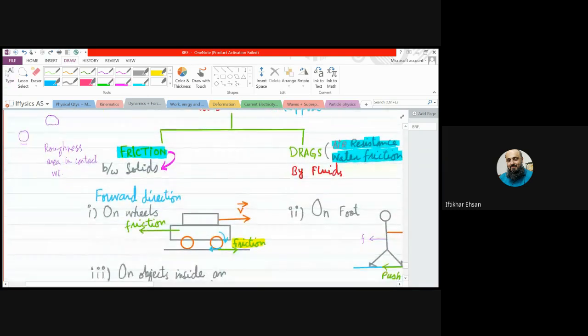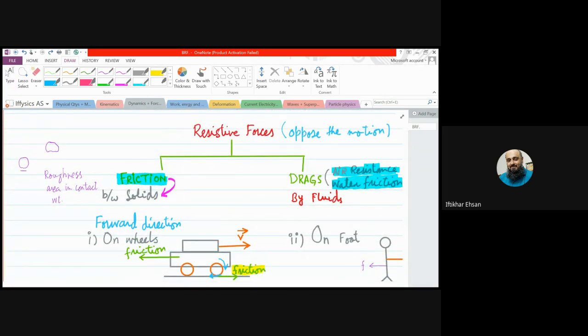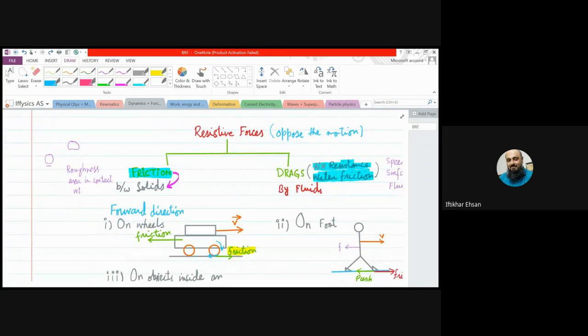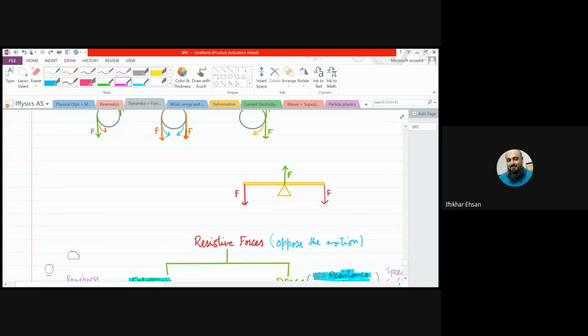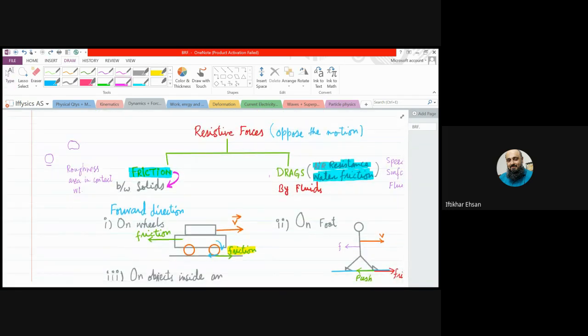Friction is between solid surfaces. But if an object is moving in air or in water, then the water or air will apply an opposing force on it. The opposing force applied by any fluid on an object moving inside the fluid is not friction. That is viscous drag, or you can simply say drag, right?